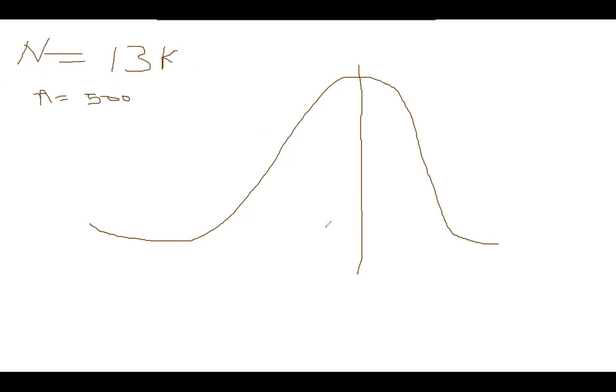For the first sample, I got, for example, the sample mean here, and the confidence interval is like this. Their upper and lower limits are like this. So this is for the first sample.